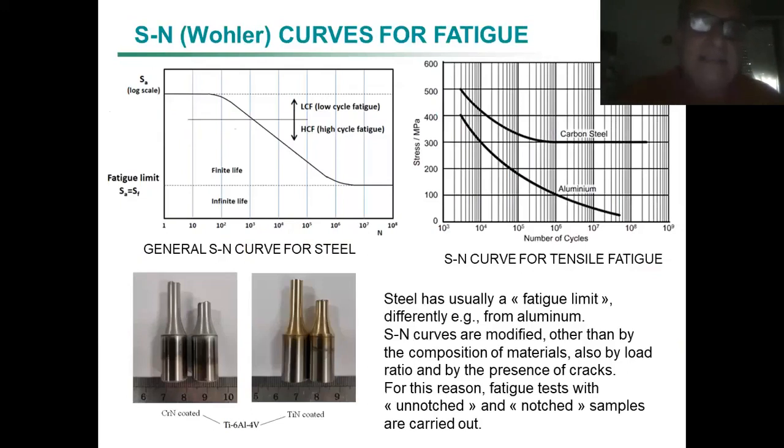In many cases, they are not symmetric. In many cases, for example, steel doesn't go into compression. But let's assume for simplicity that it is symmetric. So you have R equal to -1. You load with this maximum.